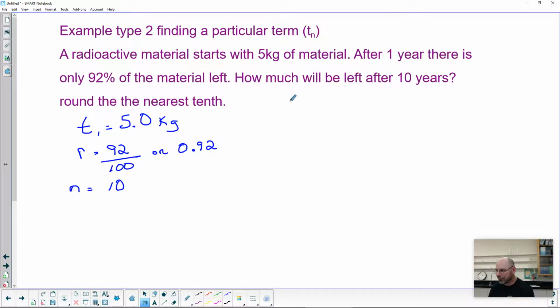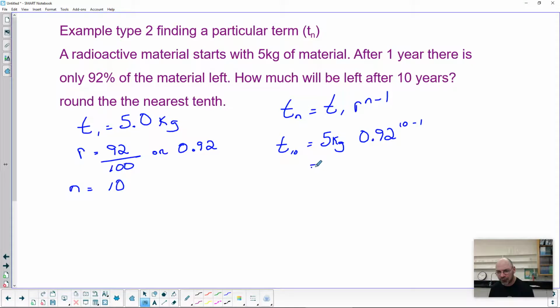Okay, our formula is the general term is equal to T1 times r to the n minus 1. So we know that T10 is what we want. It's going to be after 10 years. Well, the first year it was 5, and then it was 0.92 to the power of n minus 1, which is 10 minus 1.